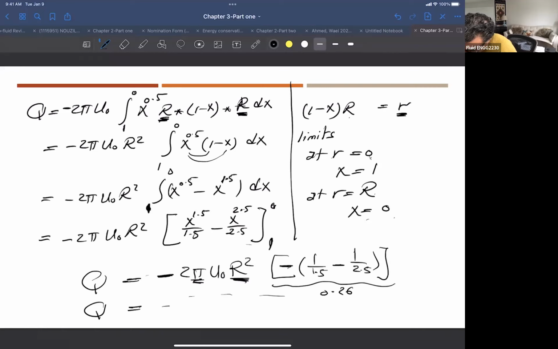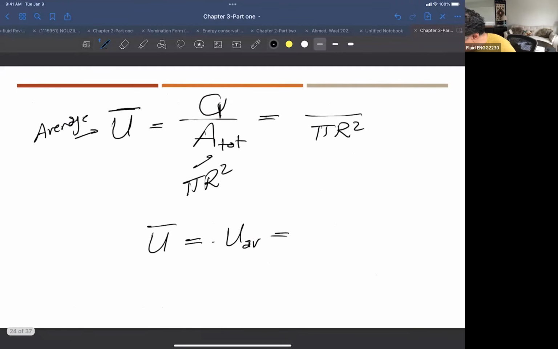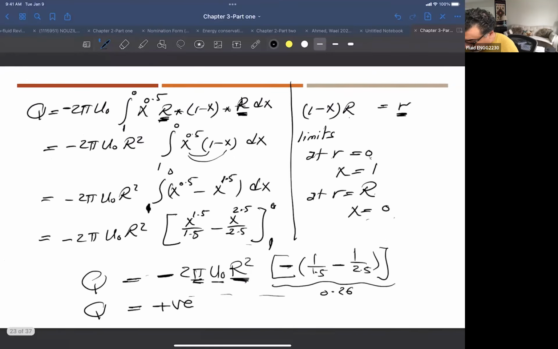Multiplied together is going to be a positive value. And of course, the velocity will never be negative, okay? So this is going to be a positive value. If you divide this by R squared, you will find that the average velocity here is 0.53 U naught, because what is left here is basically U naught, okay?